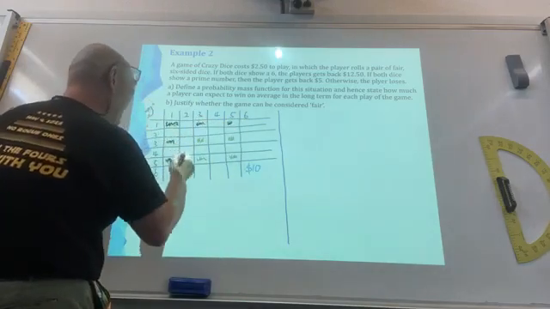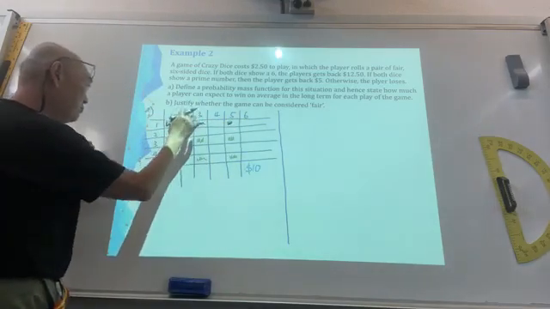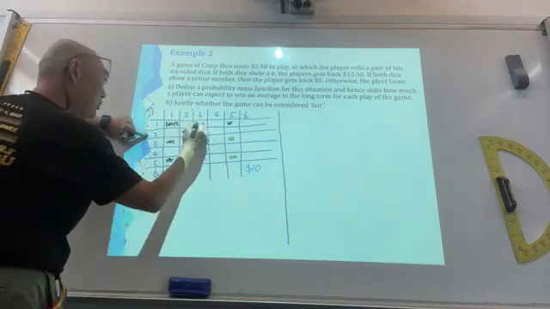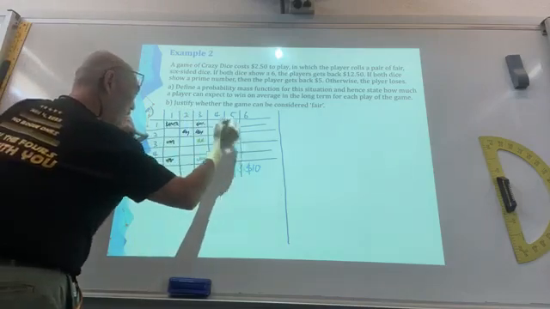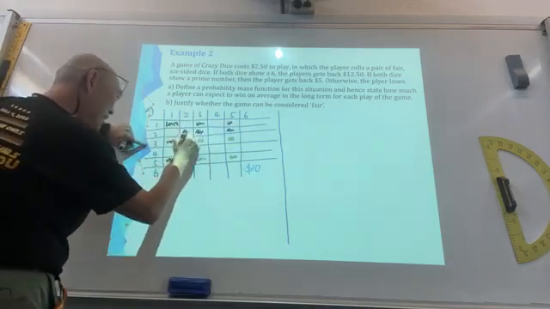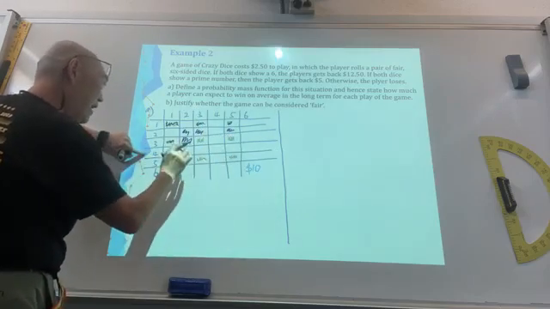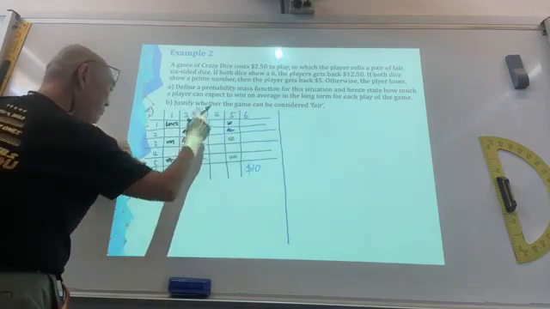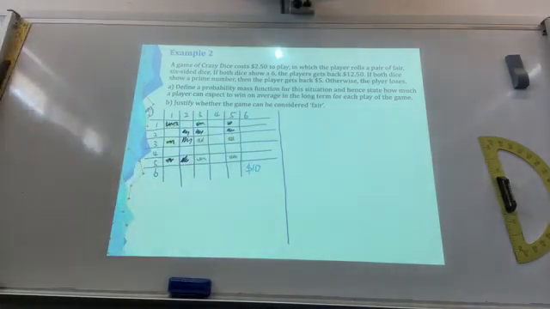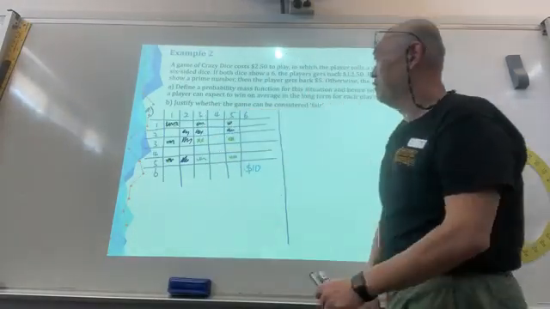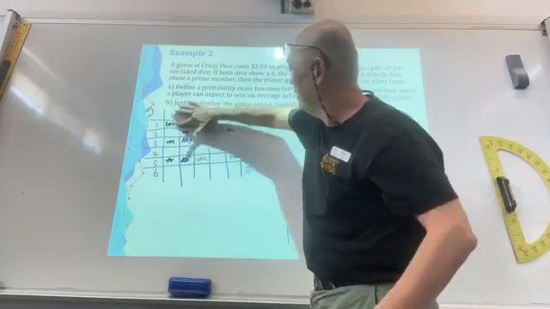So it's between 2, which is a prime, and 2. 2 and 3 is prime. 2 and 5 is prime. 3 and 5 is prime. 3 and 2 is prime. 3 and 3 prime. 5 and 5 prime. 4, no. 5 and 2 is prime. 3 and 5 is prime. Yep, that's it, that's better. Not 5. 5 is a prime, 3 is a prime. So ignore that bit there.